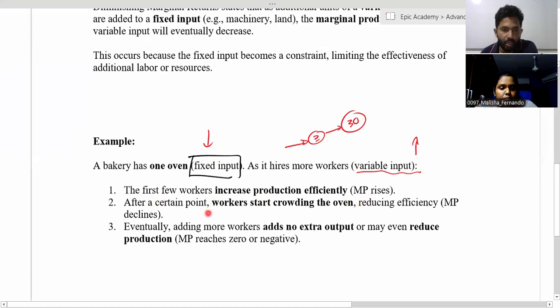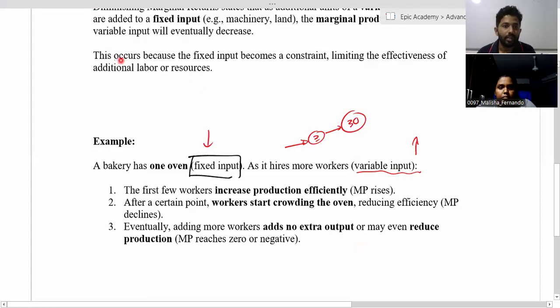But after a certain point, workers start crowding the hour. No one can take the utilization of the hour, reducing the effectiveness and efficiency. So the marginal production starts to decline. Eventually, adding more workers adds no extra output, or may even reduce the production. I mean, MP reaches zero or sometimes negative.